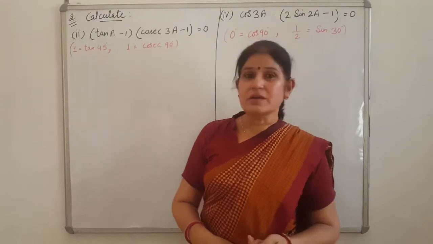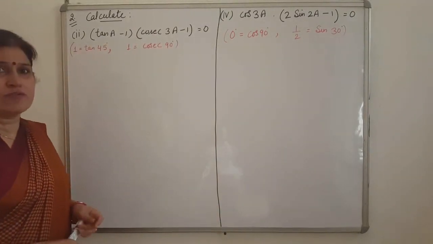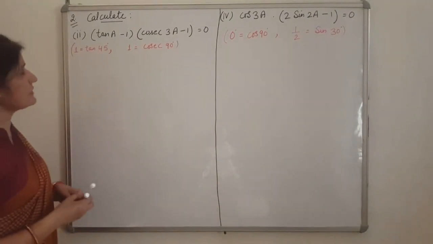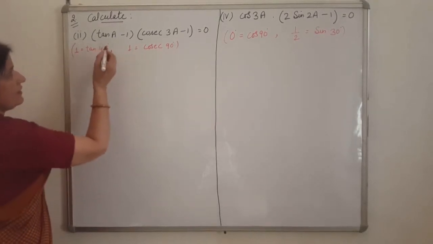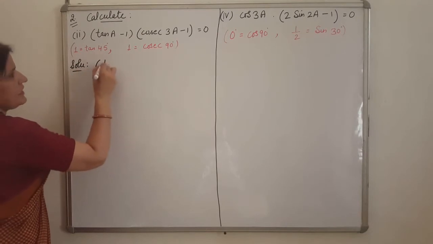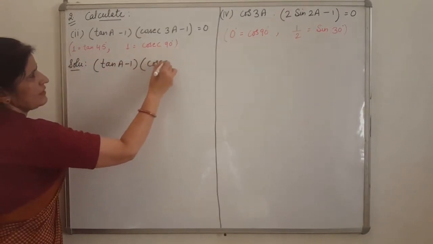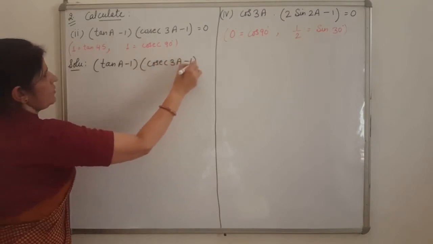We'll do question number 2. In this, you have to calculate the given equations for the value of A. Here, we will do the second part first. What is given? Tangent A minus 1 into cosecant 3A minus 1 equals 0.